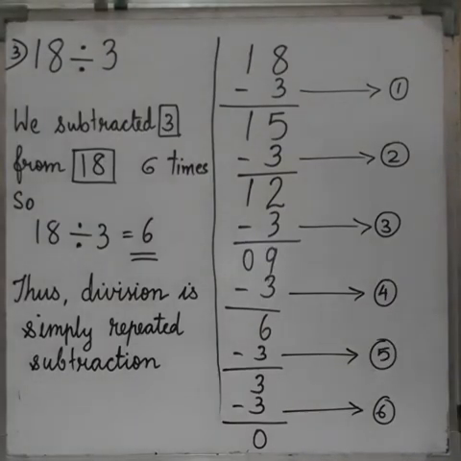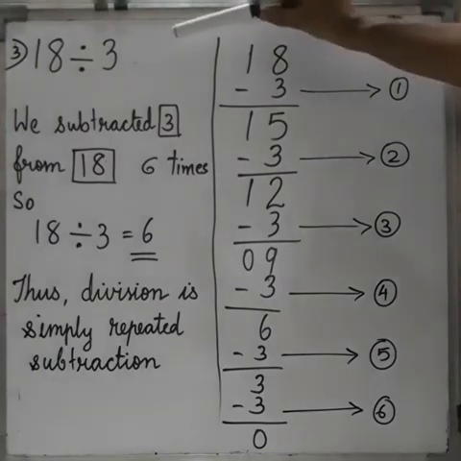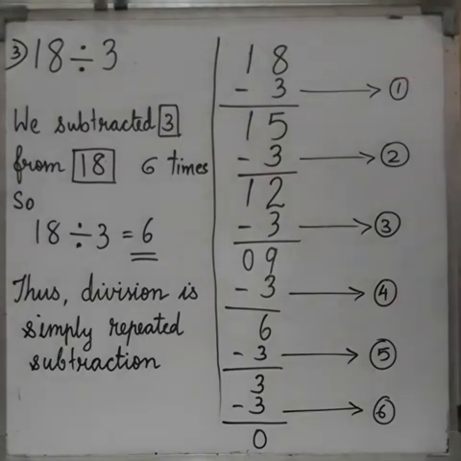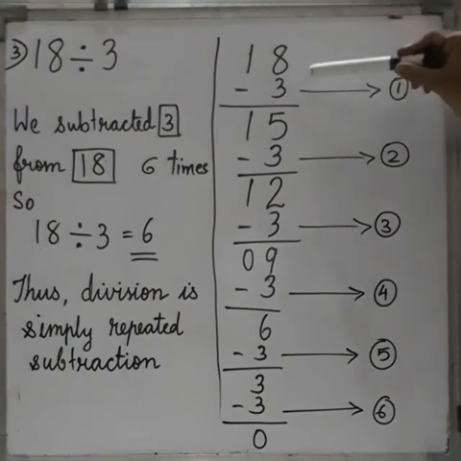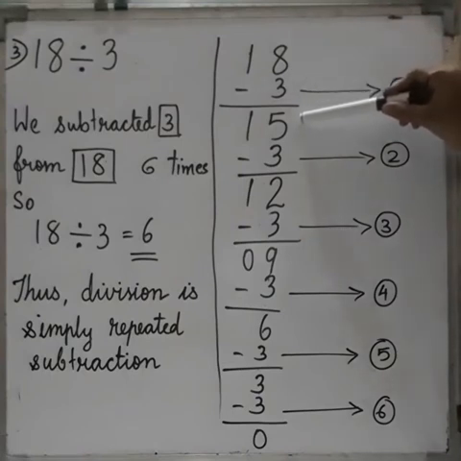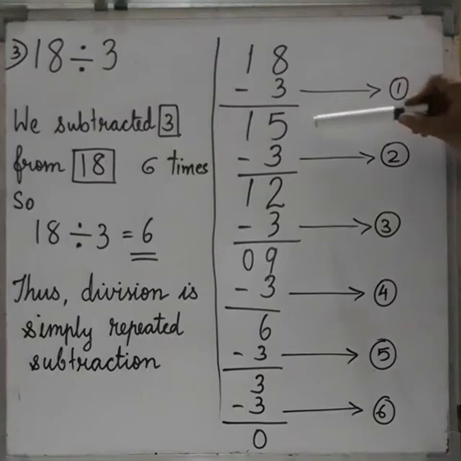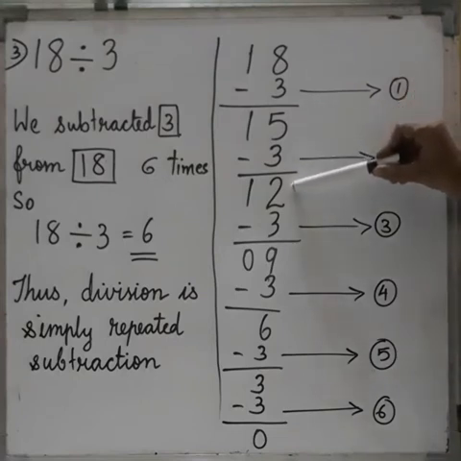Here I have given one more example. 18 divided by 3. We are going to subtract 3 from 18. 18 minus 3, the answer is 15. Again we are going to subtract 3 from 15. And the answer we are getting here is 12.